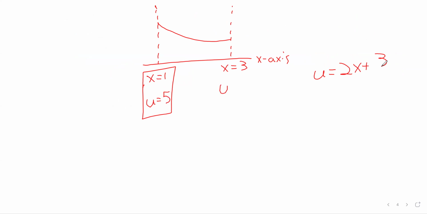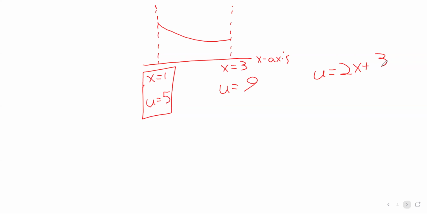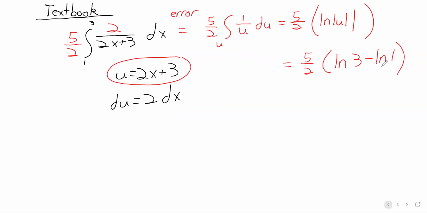And when x equals 3, what's u? 9. So I can say, well, now my variable is u instead of x. And instead of going from x equals 1 to x equals 3, I must be going from u equals 5 to u equals 9.